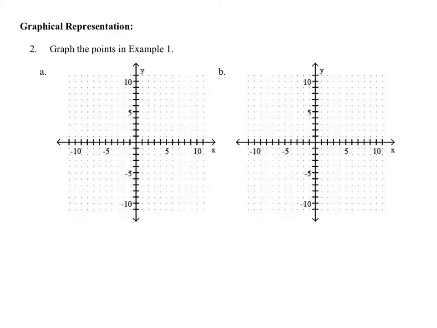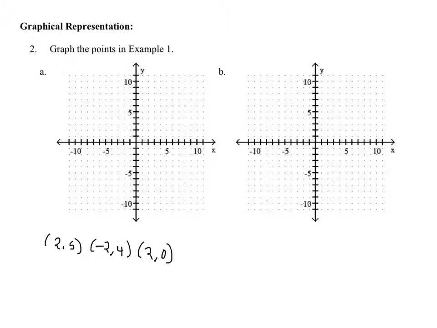Now let's do a graphical representation of the points in example 1, part A. Recall that the points were (2, 5), (-2, 4), and (2, 0).